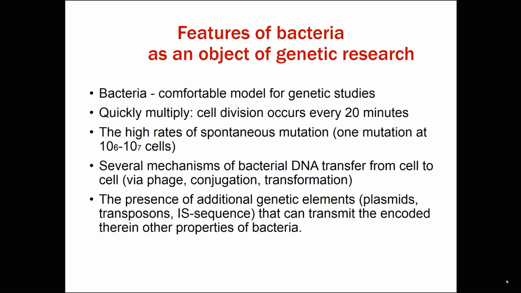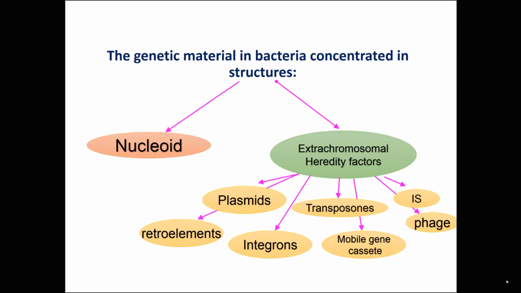And the presence of additional genetic elements such as plasmids, transposons, IS sequences, and others that can transmit the encoded properties to other bacteria. The genetic material of bacteria is concentrated in the next structures: intrachromosomal, the nucleoid, and extrachromosomal heredity factors such as plasmids, retroelements, integrons, transposons, mobile gene cassettes, IS sequences, and phages.